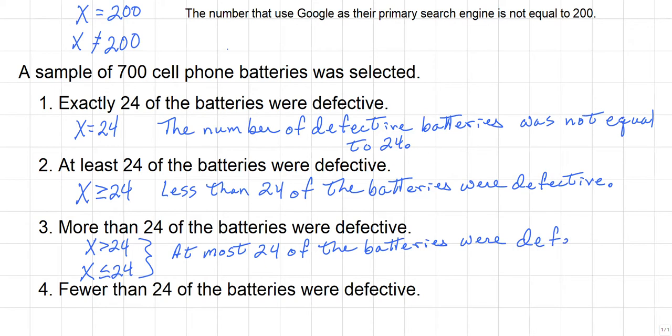Now, I could have written it as simply 24 or less of the batteries were defective, but to me, at most is a more concise way of stating it. And then finally, fewer than 24 of the batteries were defective. So that's X less than 24, which means that the complement of that will be X greater than or equal to 24, or at least 24 of the batteries were defective.